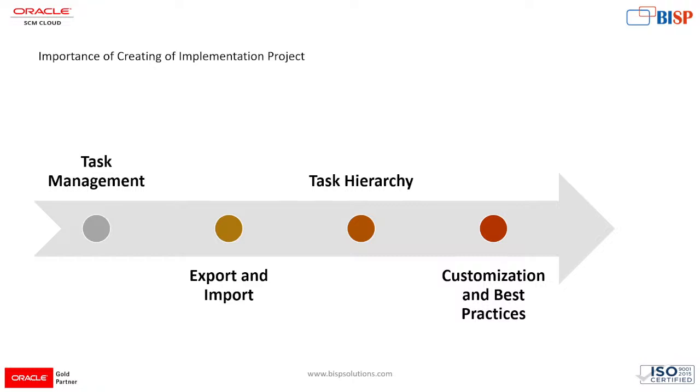Here are some crucial functionalities of an implementation project, that is task management. One of the key features is the ability to create a comprehensive list of setup tasks. These tasks can be assigned to specific users who are responsible for managing the setup data. By monitoring the progress of these tasks, the implementation team can ensure a smooth and organized implementation process.